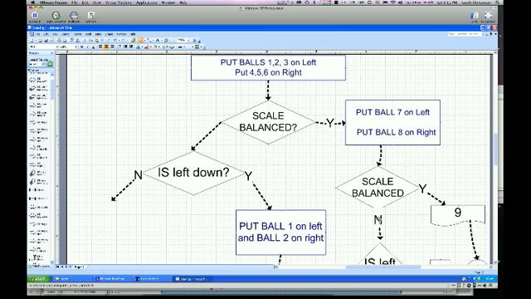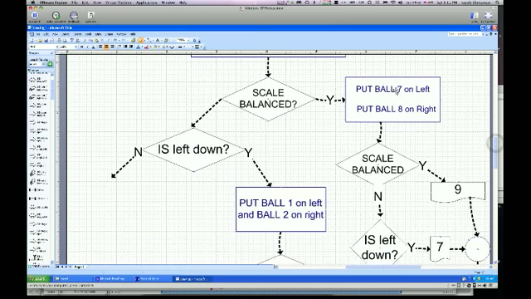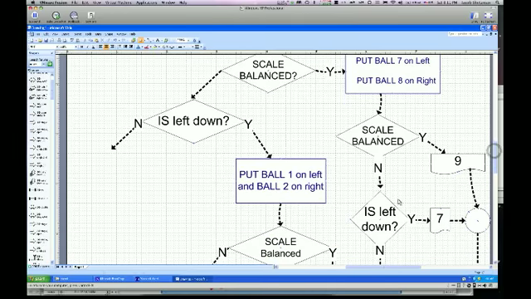If the answer is no, then we have to ask another question. No means one of them pulled down, because we put 7 and 8, remember? So then we ask, is the left side down? And on the left we put number 7. If the left side is down, the answer is yes. That means 7 is the heavier, right?